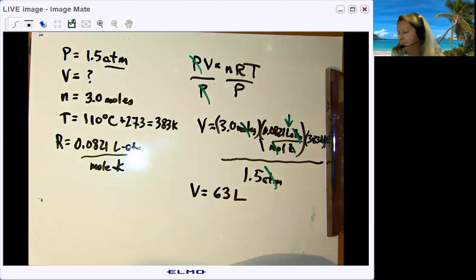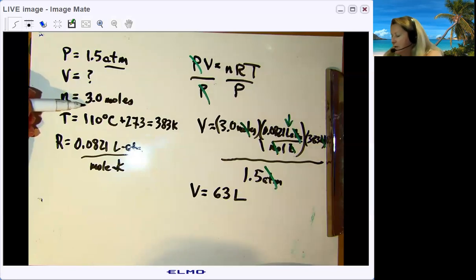All right. Now, if we go back and look at this, let's see if that kind of makes sense. We have 3 moles of a gas. Now remember, at standard temperature and pressure, which is 0 degrees Celsius and 1 ATM, 1 mole of gas takes up 22 liters.